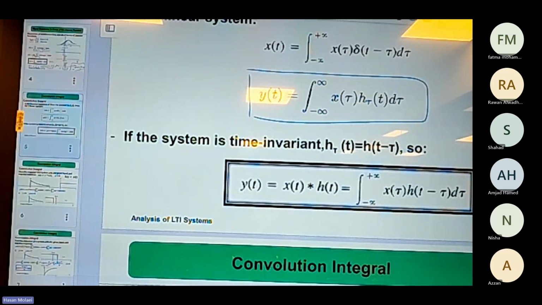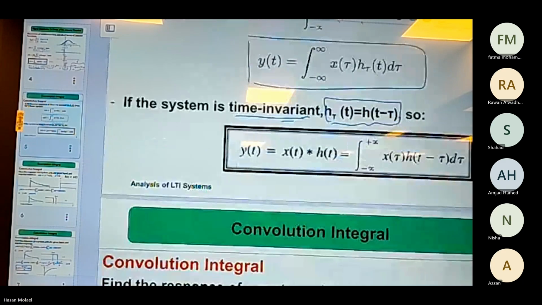If the system is time invariant, I can write h(tau, t) equal to h(t minus tau). This is time shifting. If the system is time invariant, we can easily do time shifting. So at the end, we have the important conclusion you should memorize.